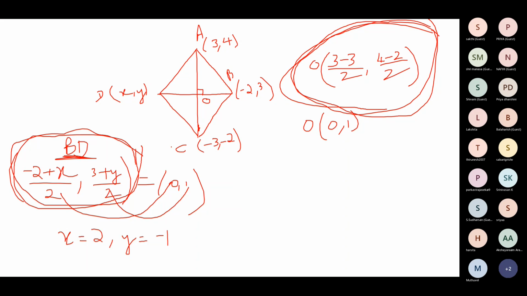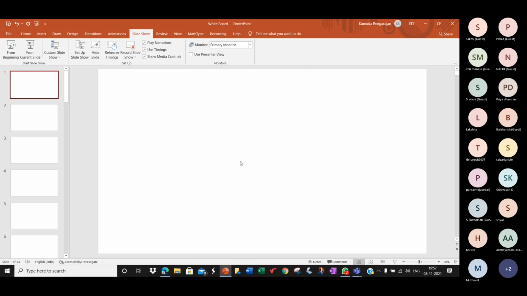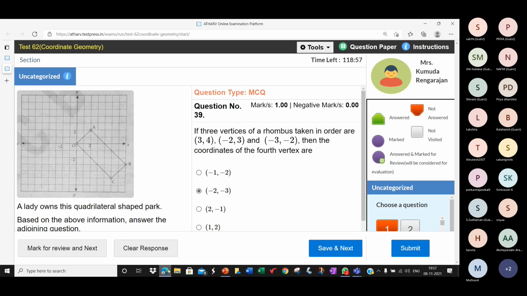You're right, Shakti. It's exactly the same way we have also done here. What did we get? 2, minus 1, right? Yes, ma'am. 2, minus 1.